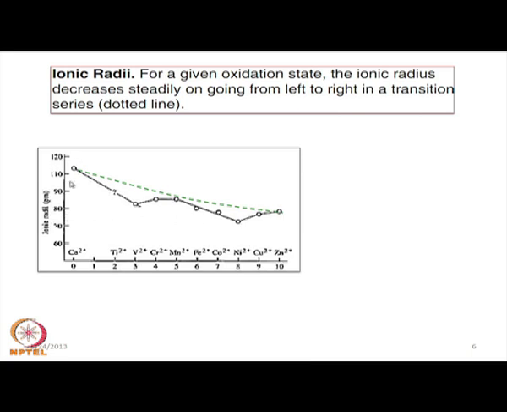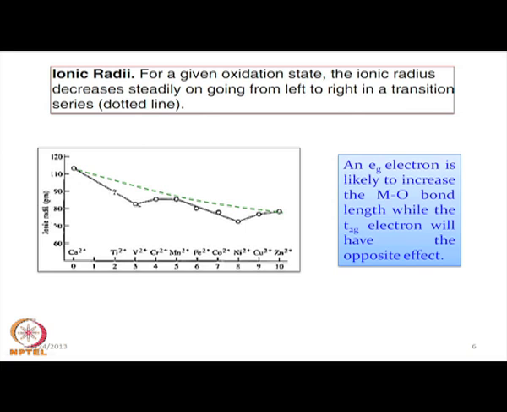So, in this range the whole thing is again showing a double humped curve, and the ionic radii will also be changing with the change in the number of d electrons present in the two levels, that means the T2G level and the EG level.